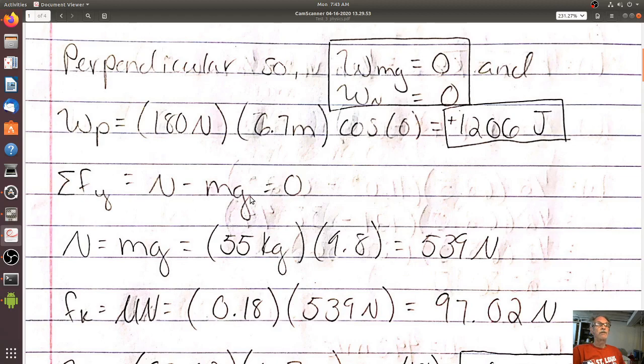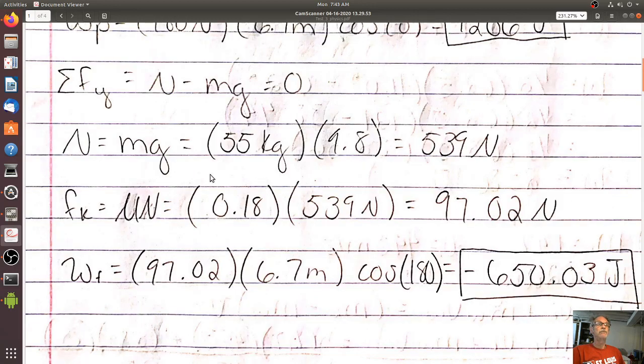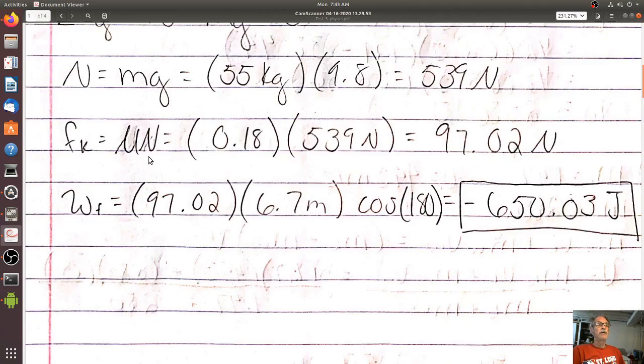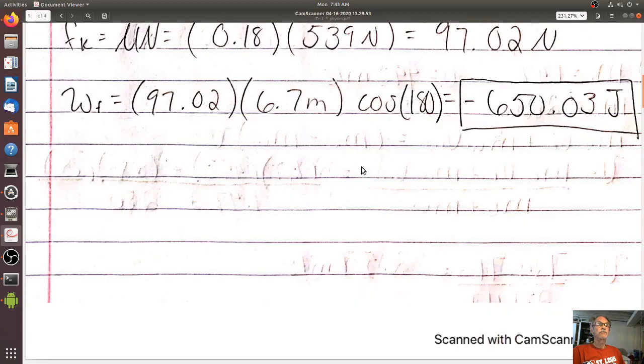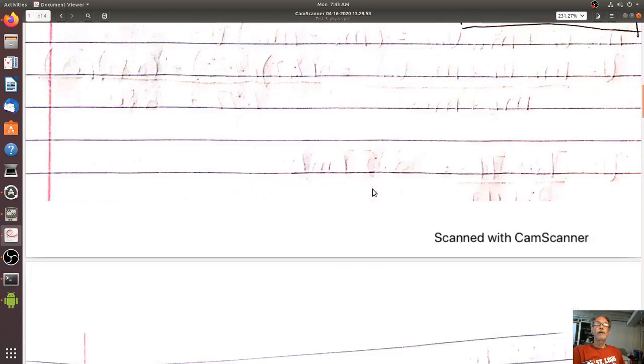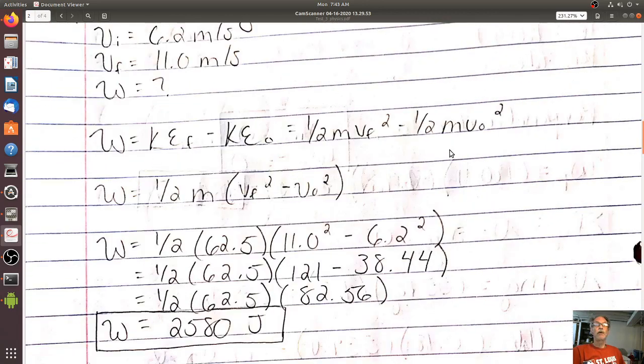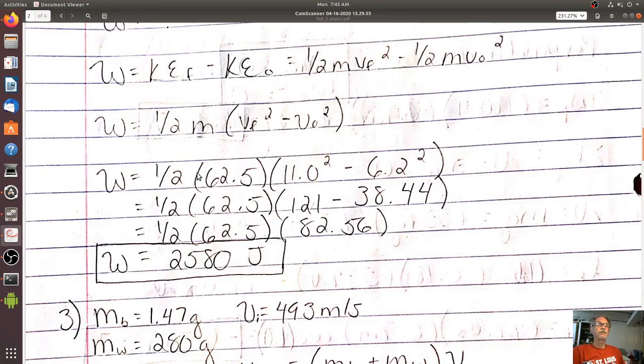Here's the reason that the normal force is equal to mg, because the sum of the forces in the y direction is 0. And then here's the frictional force. The equations that this person is using are written out here, and then the information is plugged into them. Once again, here are the equations the person is using, and the information is plugged in.